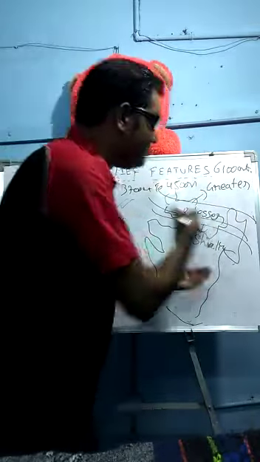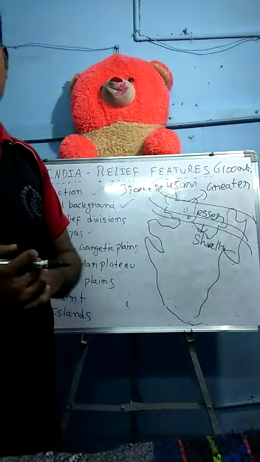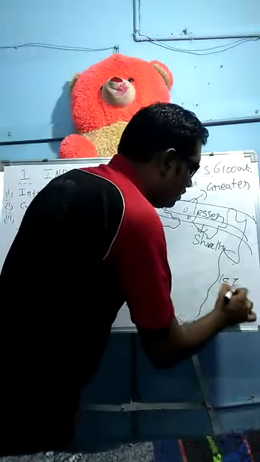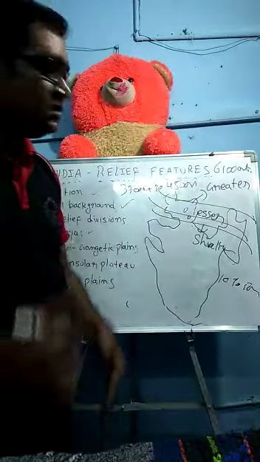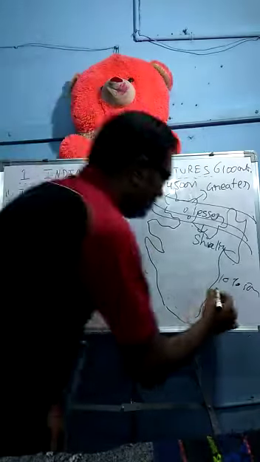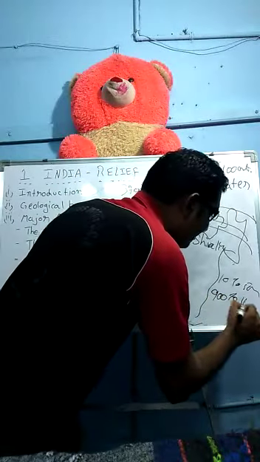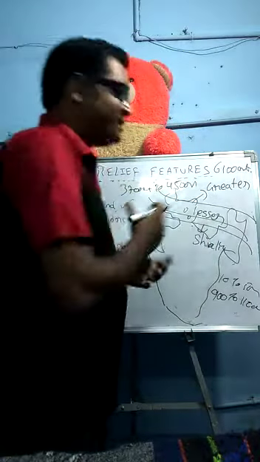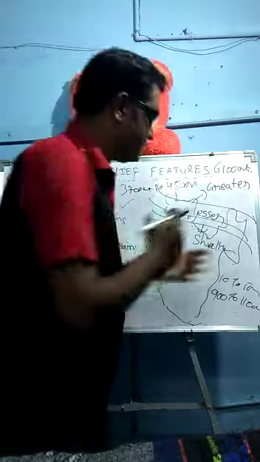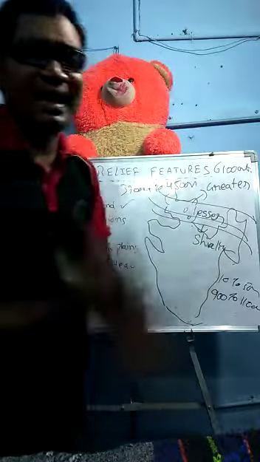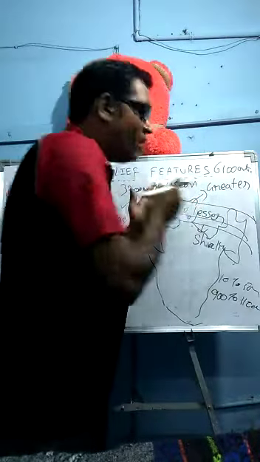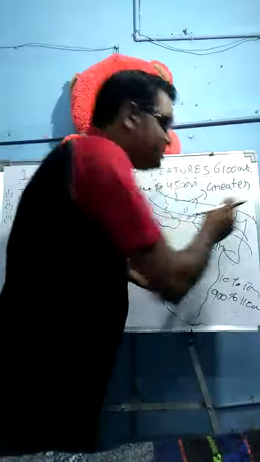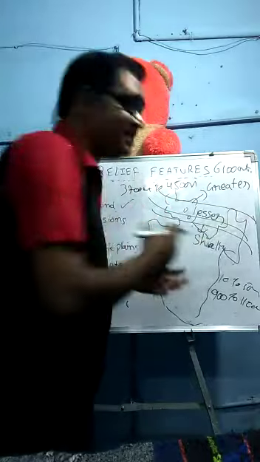South of the Lesser Himalayas are the Shivalik ranges. The width of the Shivalik ranges is 10 to 50 kilometers, and the height is 900 to 1100 meters above sea level. At different locations they have different names: in Jammu and Kashmir the Jammu Hills, in Arunachal Pradesh the Mishmi Hills, in Assam the Kachar Hills.